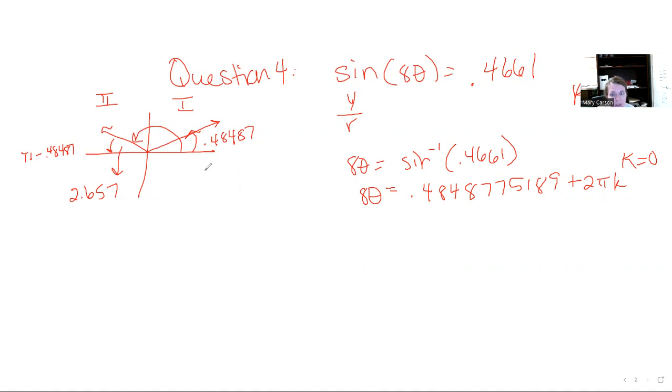So you would end up with 8 theta equals, again, sorry guys, to get this angle measure, you would do pi minus 2.657. Let's put that in the calculator. It's 0.4848, no, 0.6567.